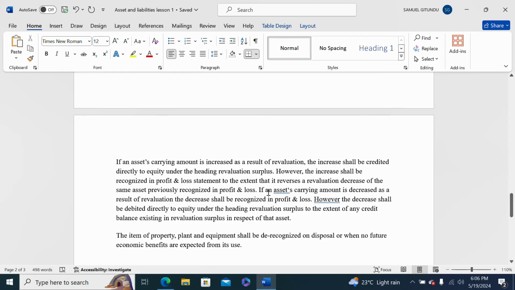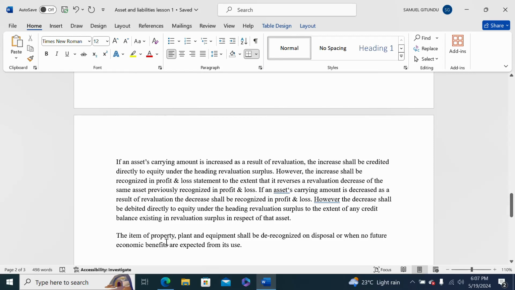If an asset's carrying amount is decreased as a result of revaluation, the decrease shall be recognized in profit and loss. However, the decrease shall be debited directly to equity under revaluation surplus to the extent of any credit balance existing in revaluation surplus in respect of that asset.